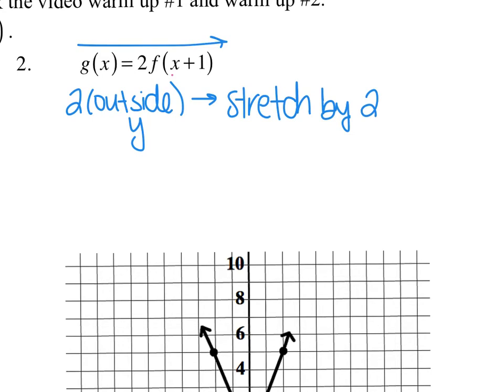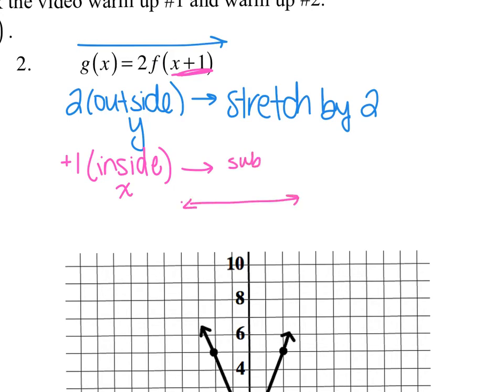And then the next number I see is that +1, which is on the inside, which means it's going to impact the x. So if I think about that, remember going back to point slope, we'd actually have to subtract 1. So we're going to subtract 1. And if I subtract 1, that's going to the left.